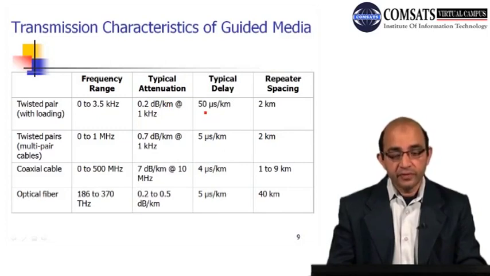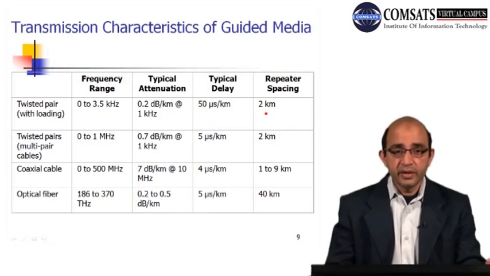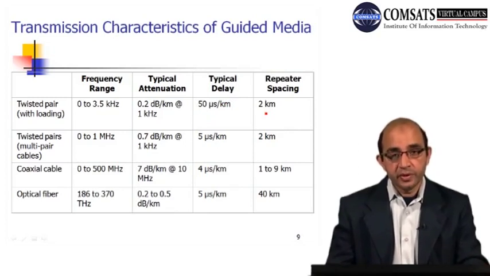We also have the delay, which is also an important factor, 50 microseconds per kilometer. And we need a repeater after every 2 kilometers for the twisted pair. So if you want to transmit voice using twisted pair as a medium, you need a repeater after every 2 kilometers.